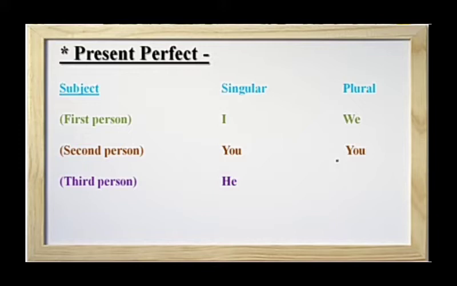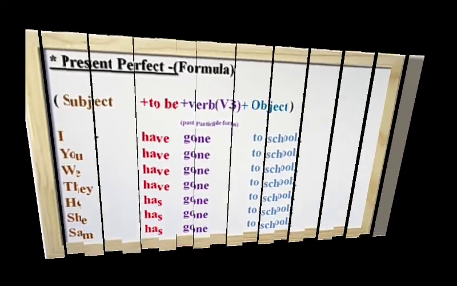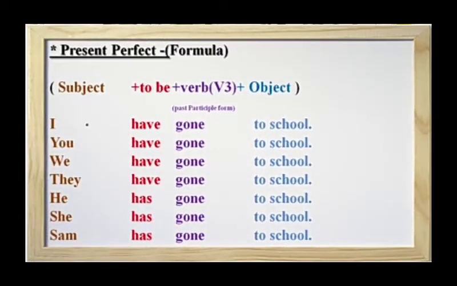Third person, we use about singular is he, she, it, and plural they. Subject I.